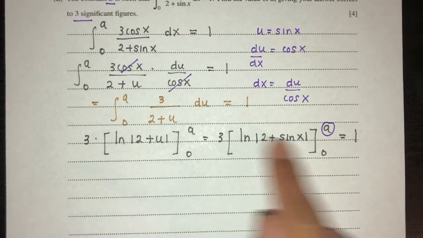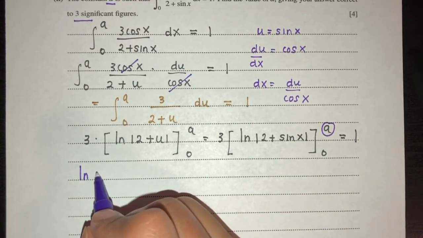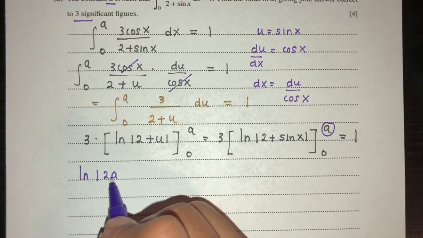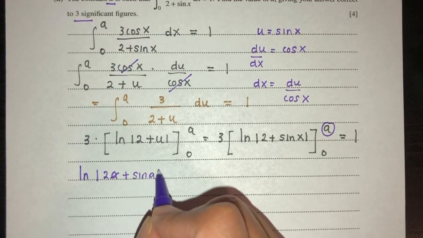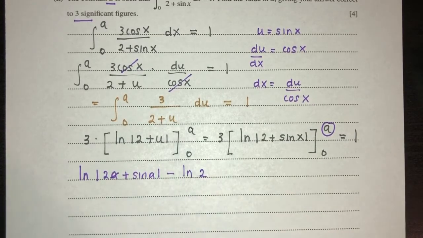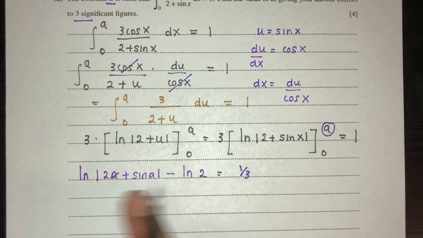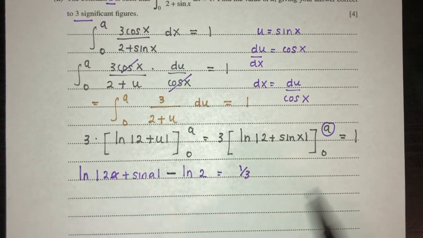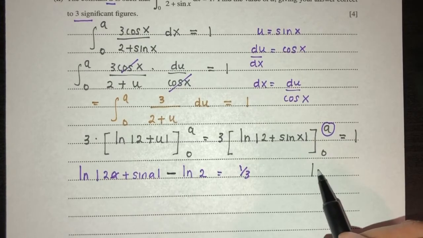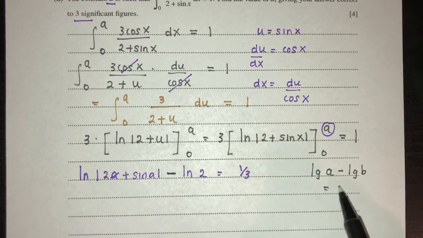So first we can send the 3 here, right? You will have, let's use a inside, ln of 2 plus sin a, minus ln of 2 is equal to 1 over 3. Now we can simplify these two when you have minus, right? So you have to know that if you have the same base, let's say we have log a minus log b, that is equal to, because it is the same log, log of this over this.